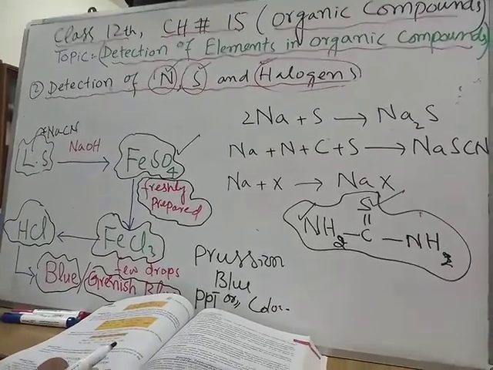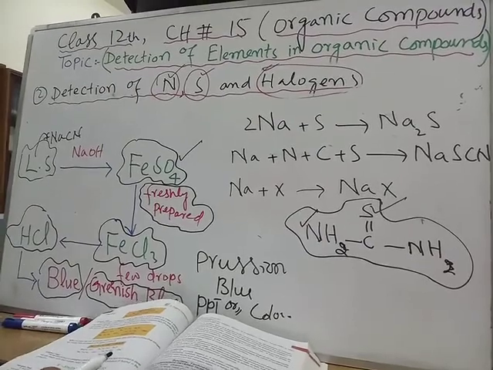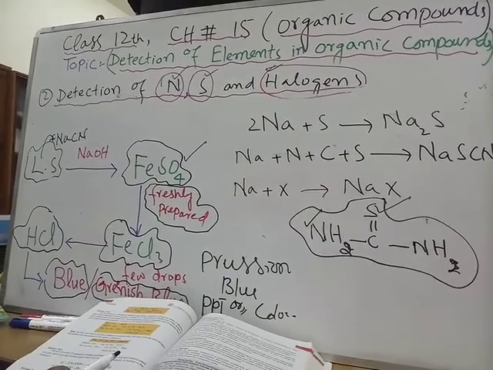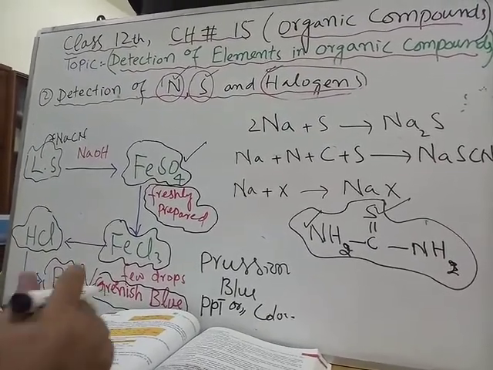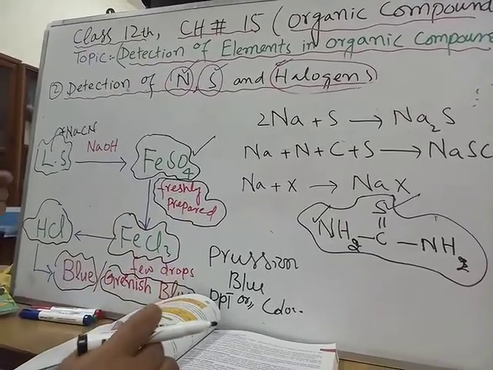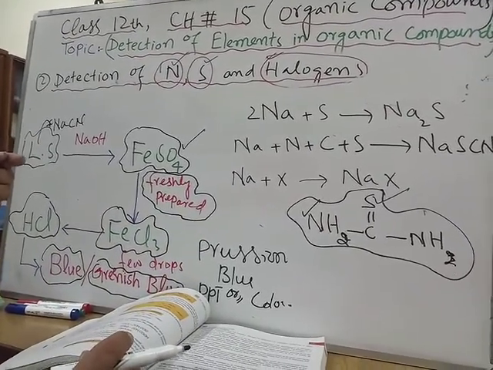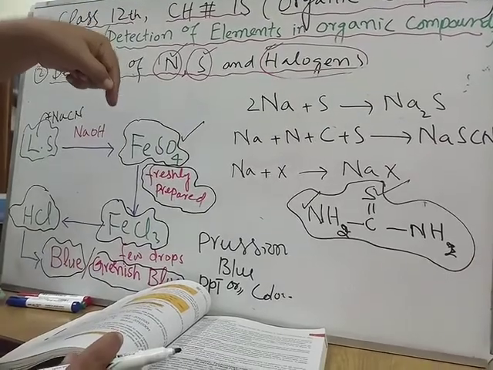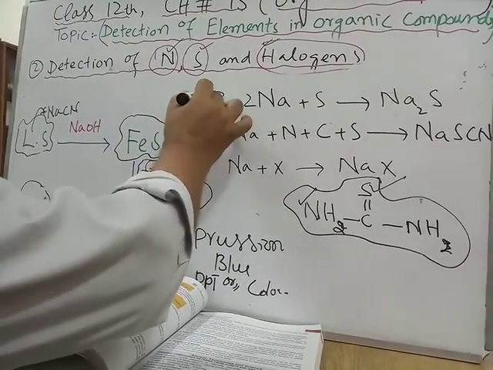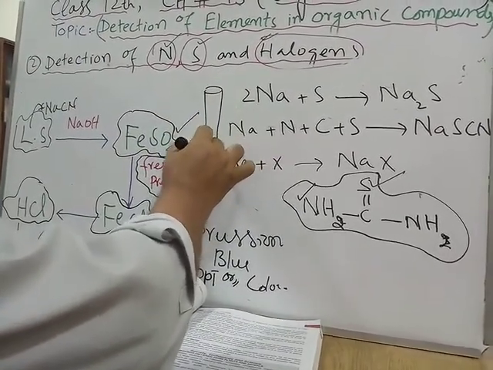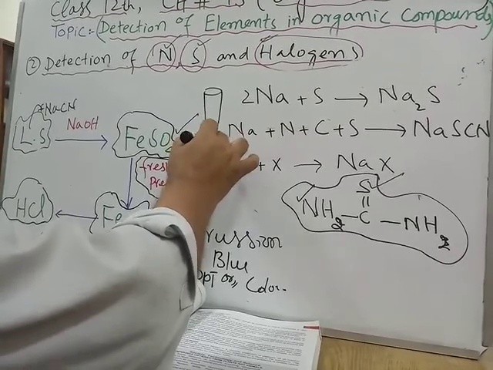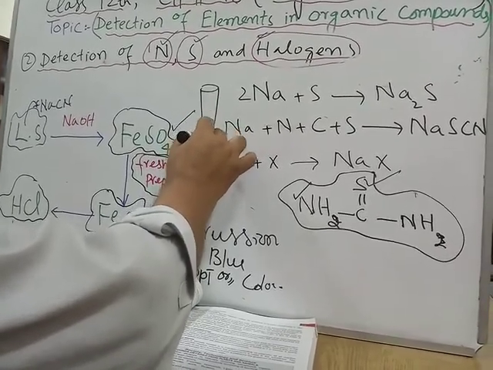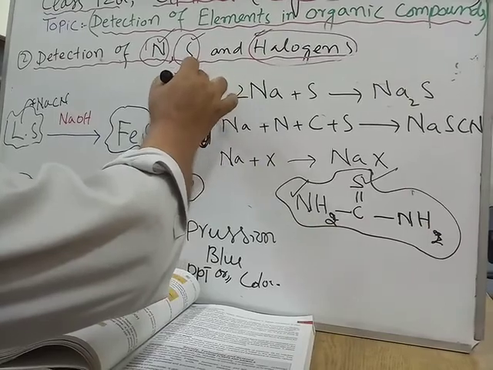So when you take the Lassaigne solution in a test tube, add acetic acid and boil it, to remove excess H2S gas. When H2S gas is released, take a lead acetate paper and place it on the mouth of the test tube.